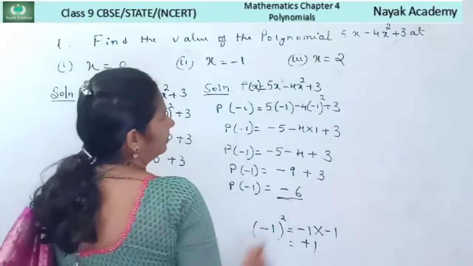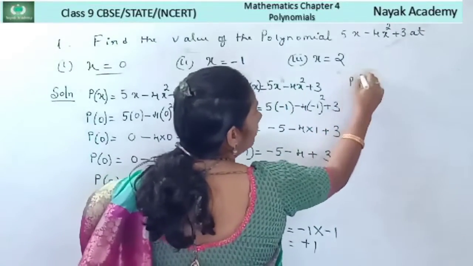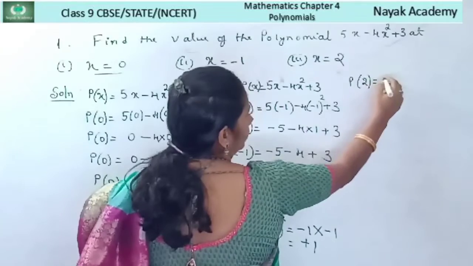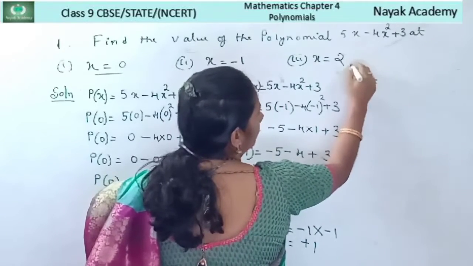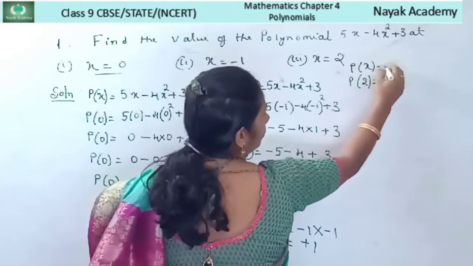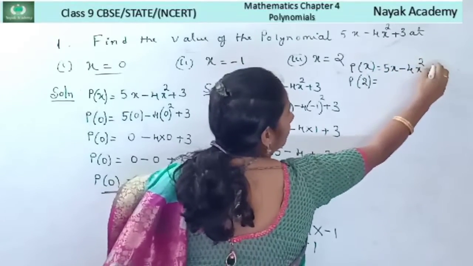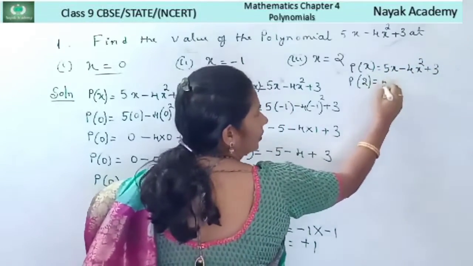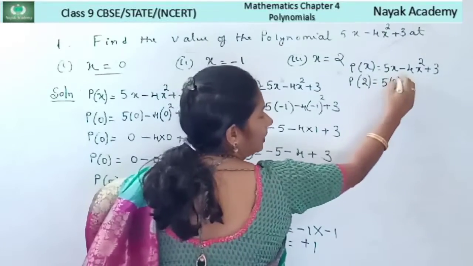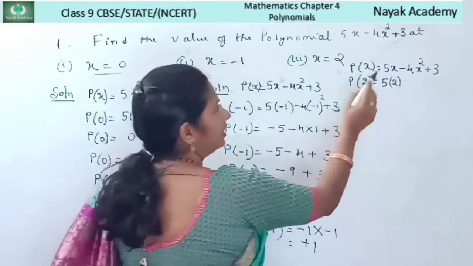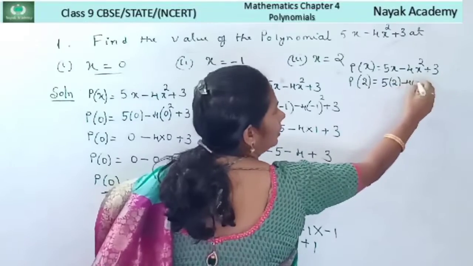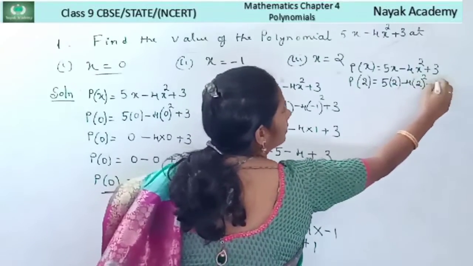Coming to the third problem. P of 2 value you have to find out. So what is the given polynomial? P of x is equal to 5x minus 4x square plus 3. So p of 2 value is 5 into 2. In place of x you have to substitute the value as 2, minus 4 into 2 square plus 3.